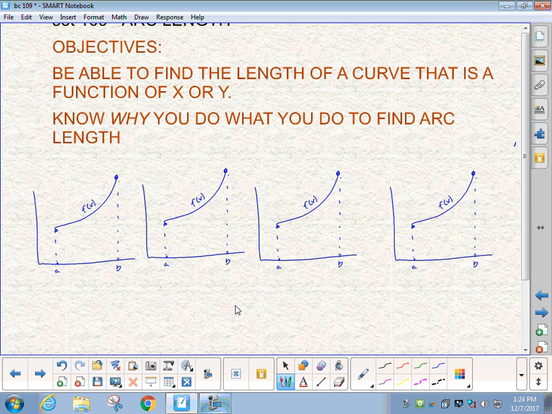Could you get the distance from here to here? Difference in the secant. Is that good or bad? That's bad. What's better? One underneath, like take two? Better?